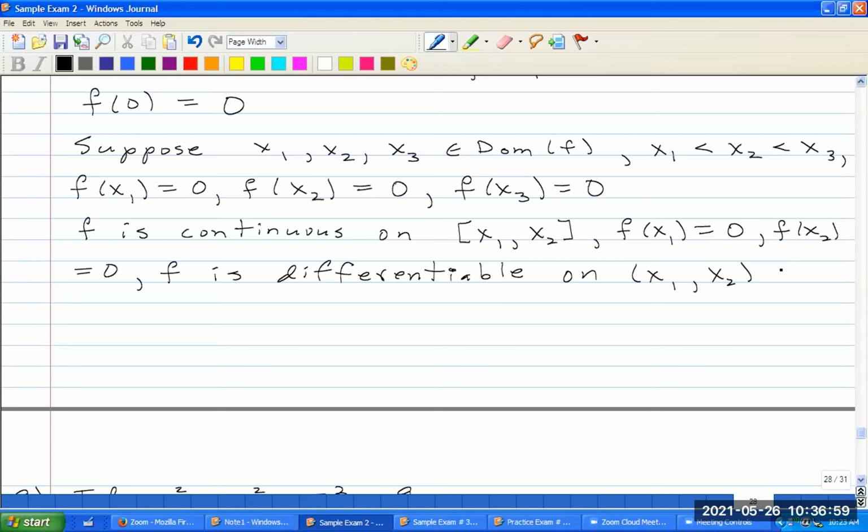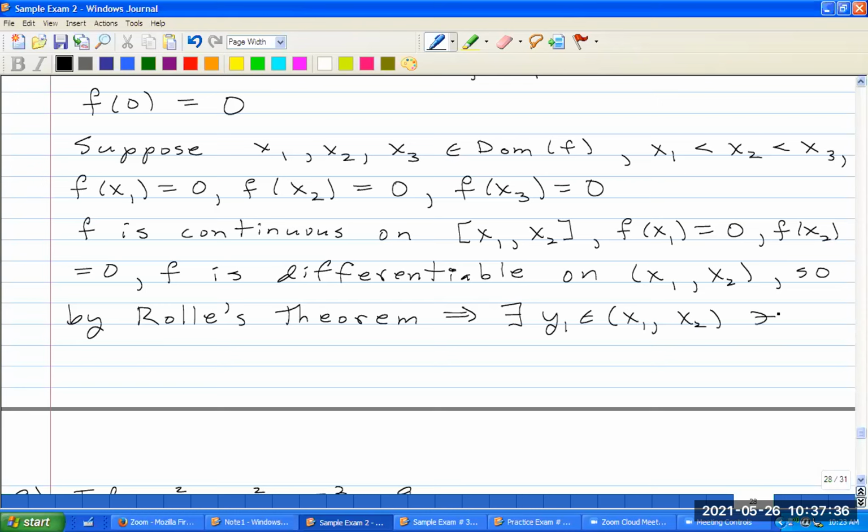Therefore, by Rolle's theorem, there exists some, I don't know, let's call it y1 in the open interval x1 to x2, such that f prime at y1 is equal to 0.